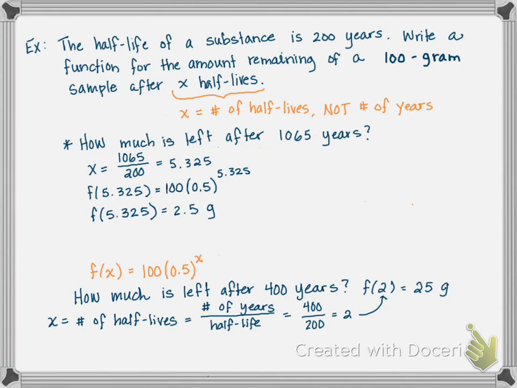Very good. I will tell you that this model is totally unrealistic, because the fact that we use that 0.5 is really saying that I have 100 grams for the first 199.99999999999 years, and then poof, when 200 years hits, 50% of it goes away, which is not realistic at all, right? We know that it gradually declines.